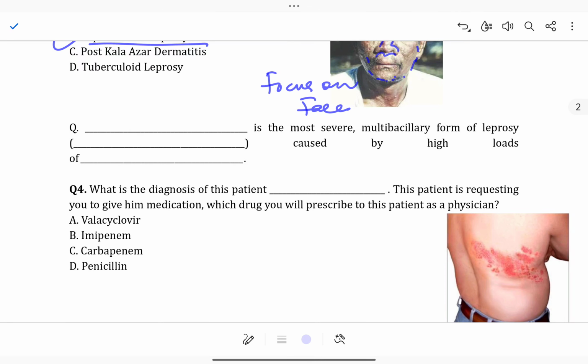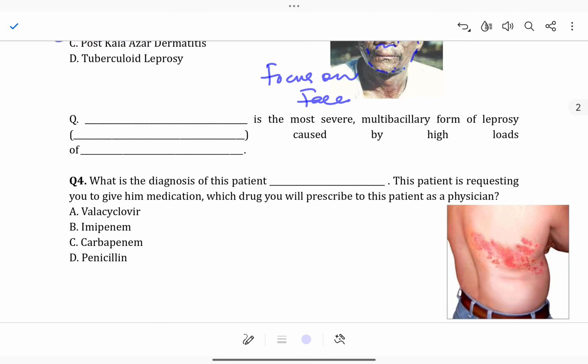There is another very important point, I hope you people know it. The most severe multibacillary form of leprosy, caused by high loads of what?